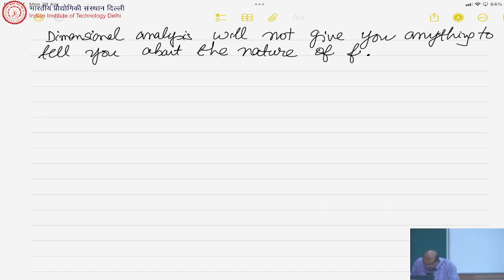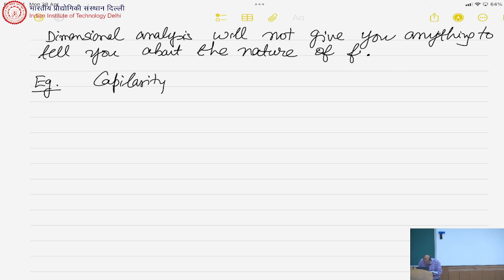Now, this is the first step. Now, I will take another example which will illustrate how you have to be a bit more careful. And this example is of the capillarity effect.